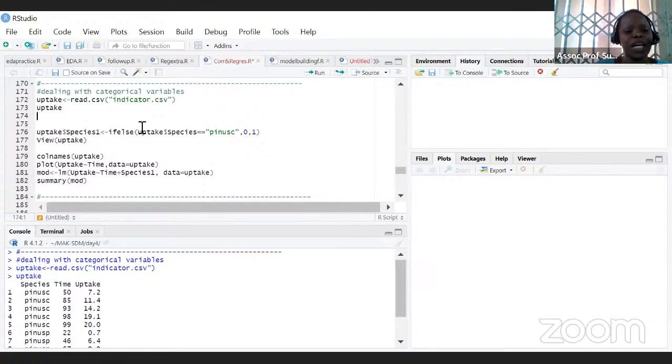The second part here is we are assigning codes to the categorical variable. And we are saying uptake is the object name, uptake$species. So we are saying that our new variable is going to be species1 in uptake, and it is equal to ifelse uptake$species is equal to Pinus C, then call it 0, otherwise 1.